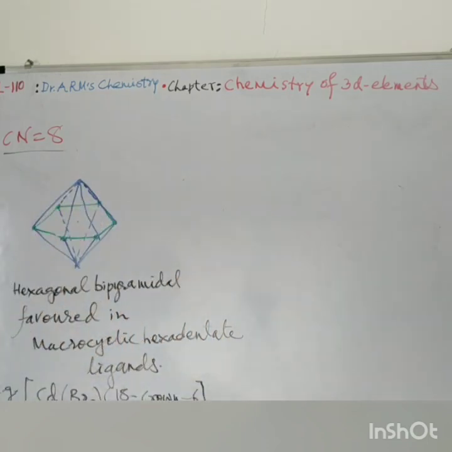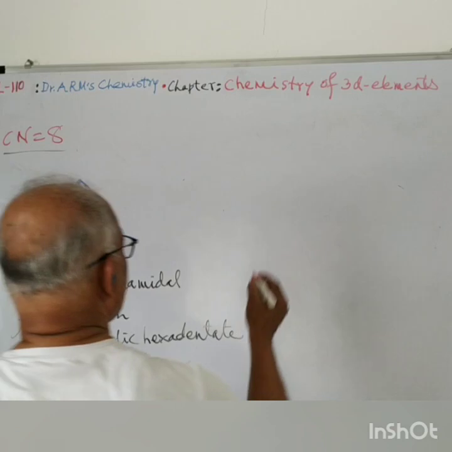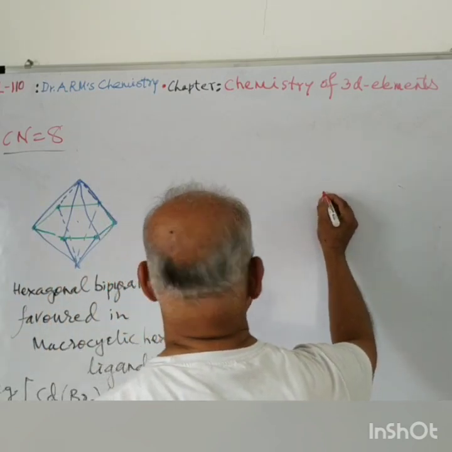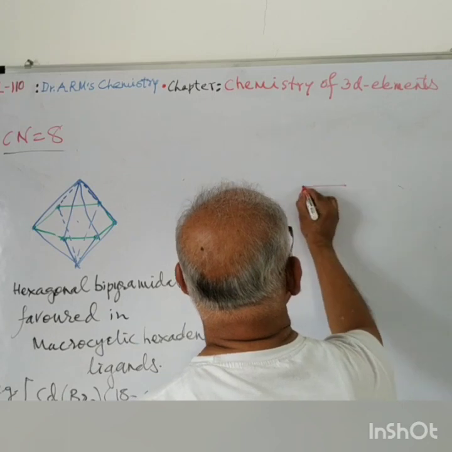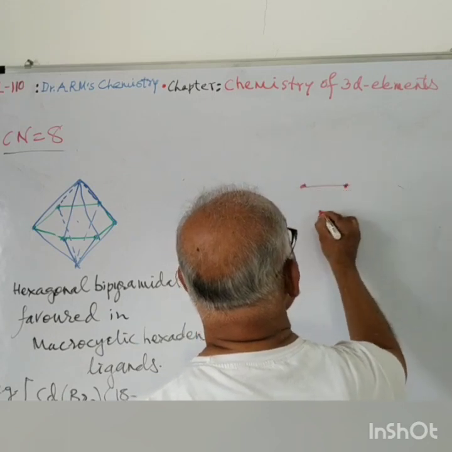Another example is the bicapped trigonal prism. You can show this prismatic structure like this.